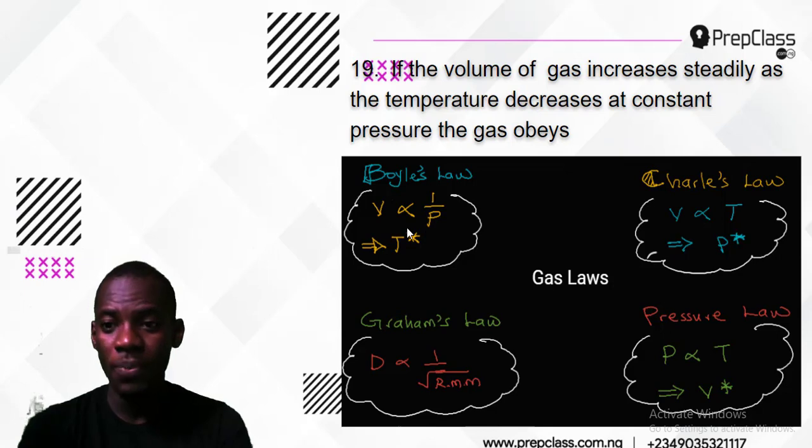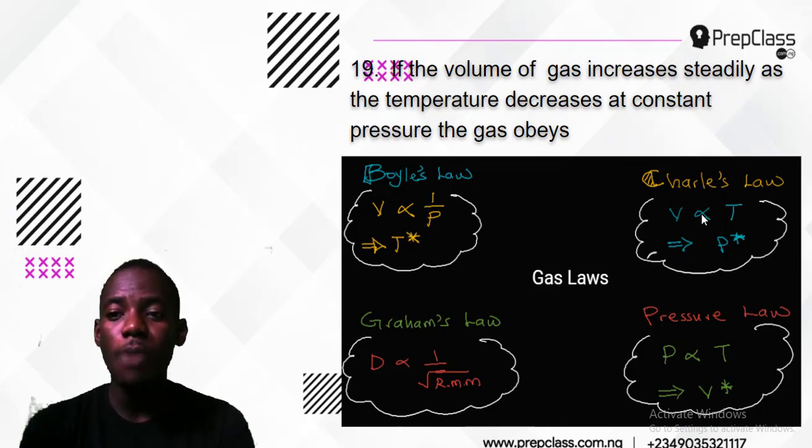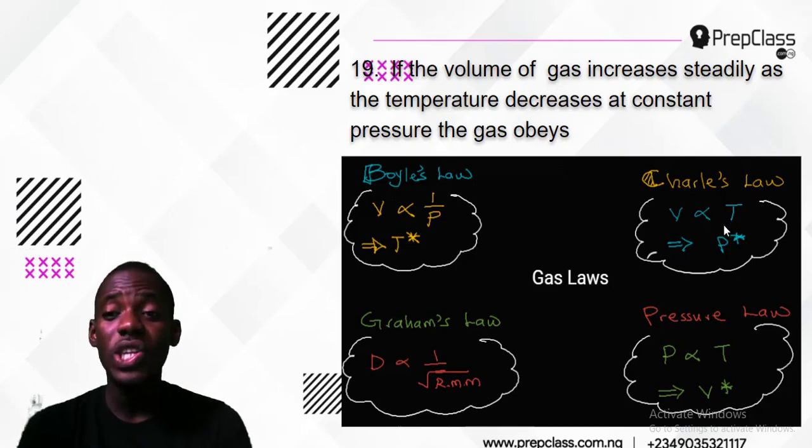Charles' law states that volume is directly proportional to temperature at constant pressure, and this is the answer. Charles' law has to do with temperature and volume, and the question is about a volume of gas changing with temperature at constant pressure, so that is simply Charles' law.